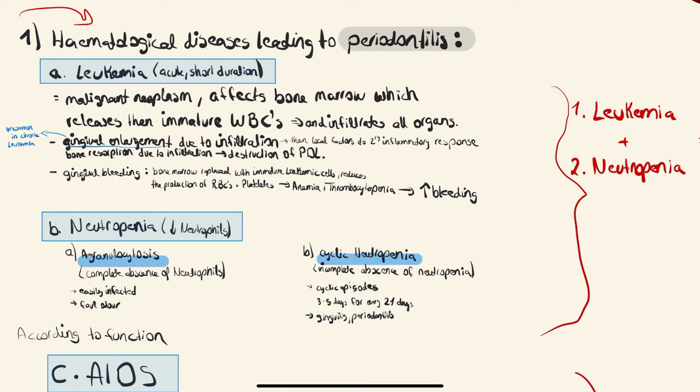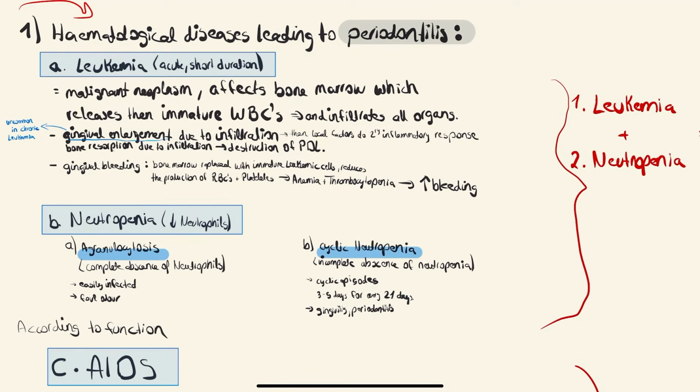It is acute and has short duration. It is a malignant neoplasm which affects the bone marrow, which then releases immature white blood cells. And these immature white blood cells infiltrate all organs.